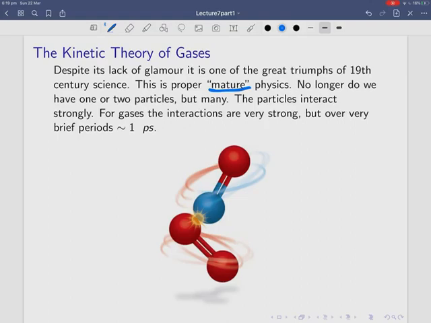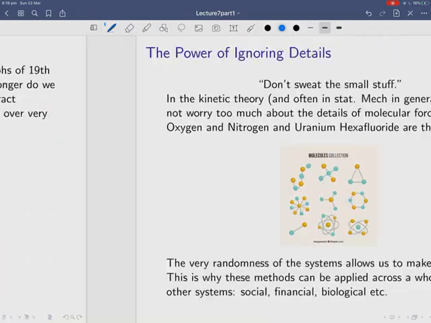Now, this kind of subject is part of condensed matter, but even in ill condensed matter, like in gases, we get very strong interactions. The interactions are very strong, but only over a very brief period, like 1 picosecond is the collision time. So the two molecules collide, 1 picosecond, they go apart, and you don't see them again.